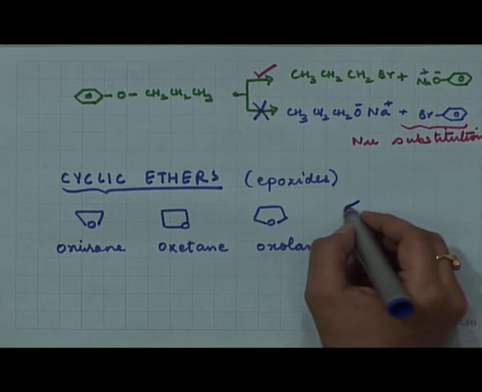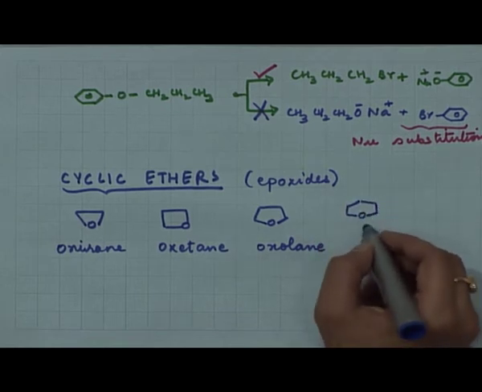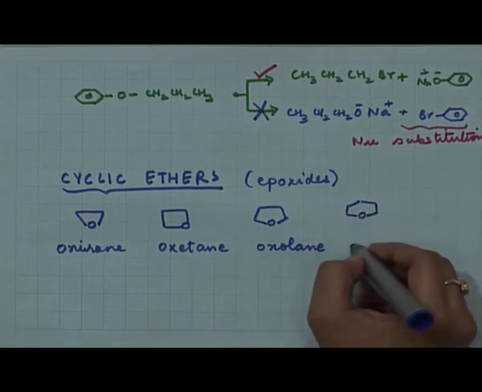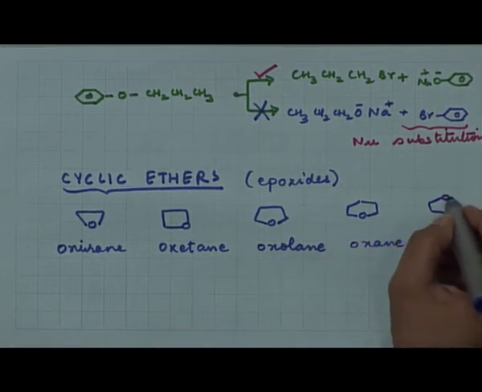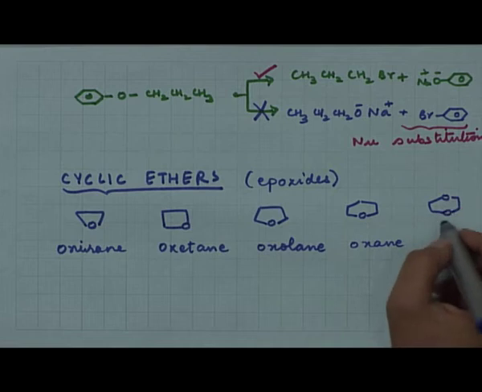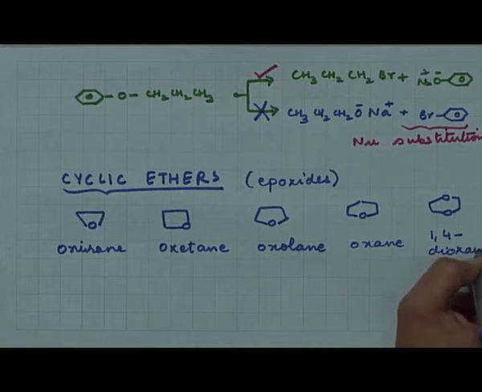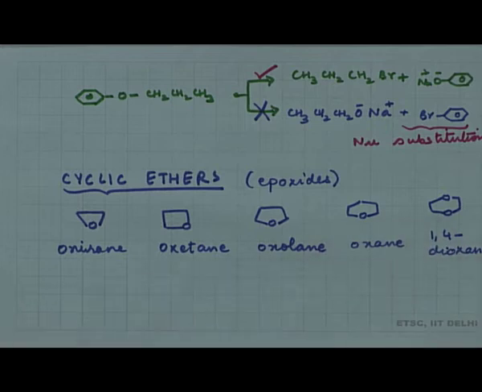And if it is a 6-membered ring, then it is called a tetrahydropyran, or this is an oxane ring. And if you have a 6-membered ring with 2 of these ether oxygens, it is bifunctional, you call it a 1,4-dioxane. So, these are some of the popular cyclic ethers which we know of.